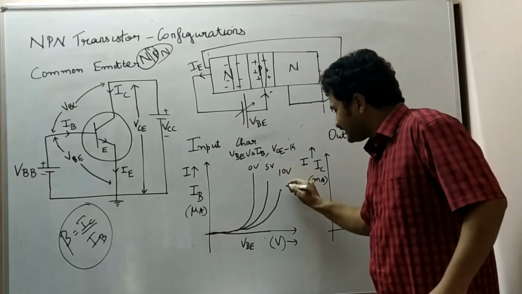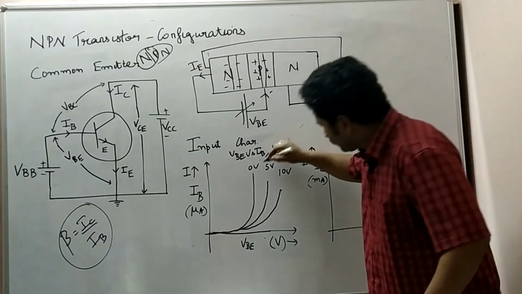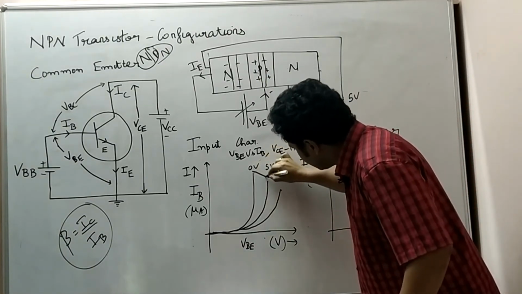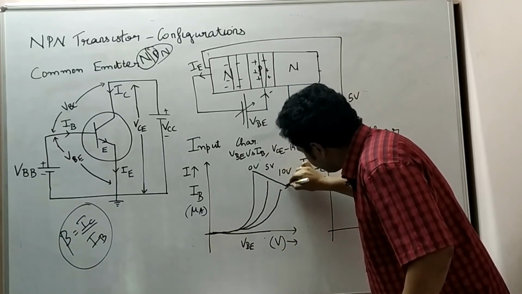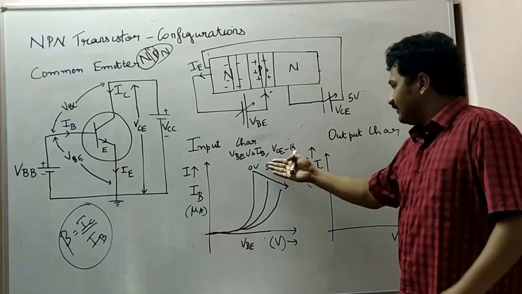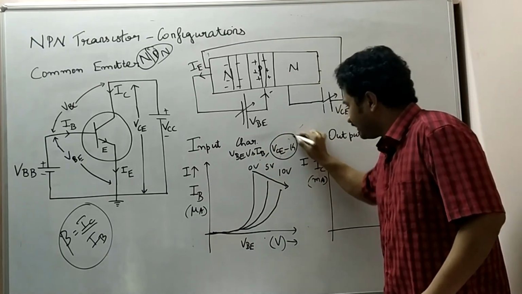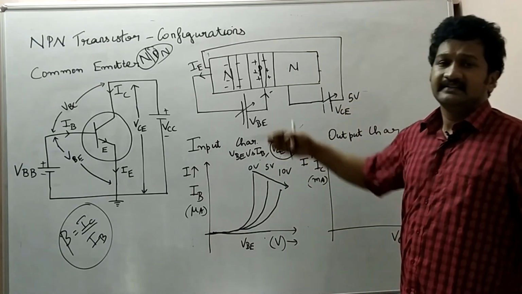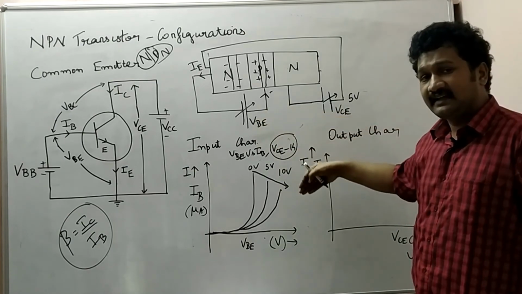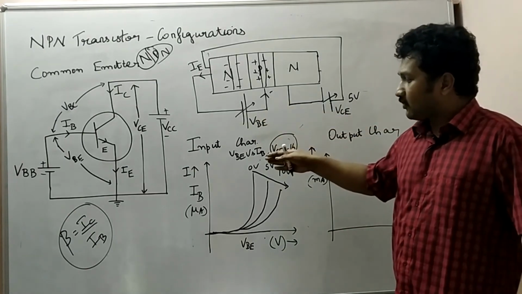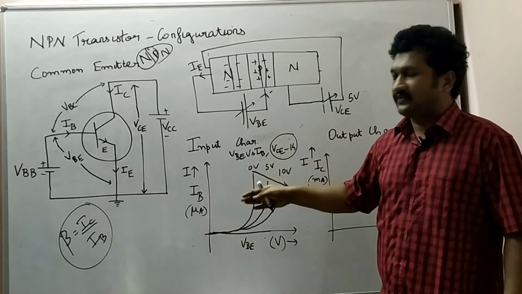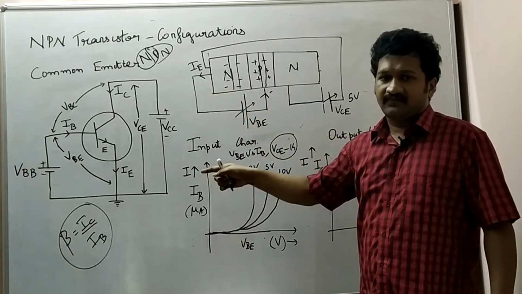So base current is further reduced. So you can see there is descending base current when the VCE parameter is increased. VCE is kept constant here, and when it is increased, there will be descending base current. So this is the concept of input characteristics of an NPN transistor in CE configuration.